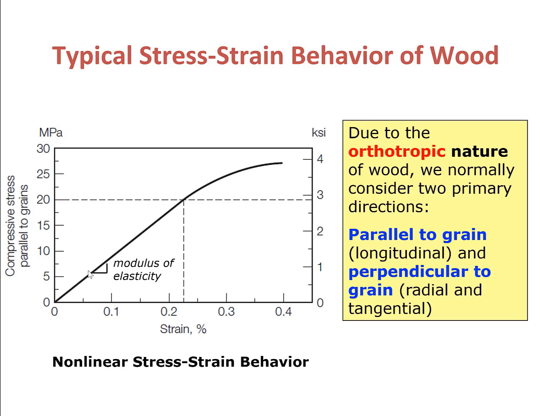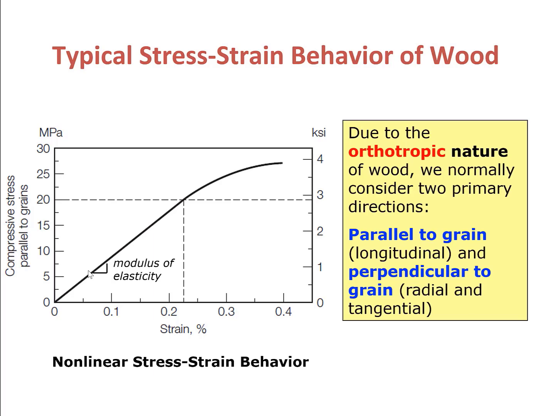Since wood is anisotropic, different stress strain curves will be obtained in different directions, and the Young's modulus along different directions are typically different. So the Young's modulus along the longitudinal direction, radial direction, and the tangential directions are different.